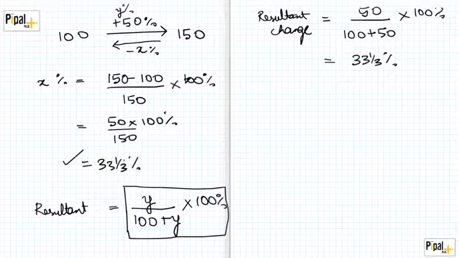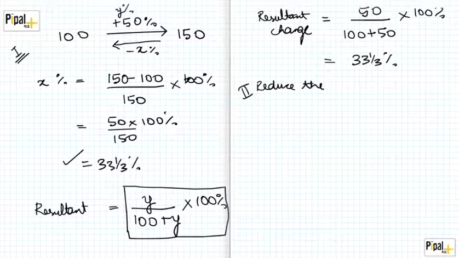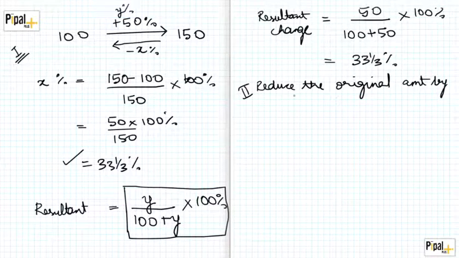Now there could be a situation where we have reduced the original amount. In the previous situation we increased the original amount. Now in this situation, let's reduce the original amount by Y percent.